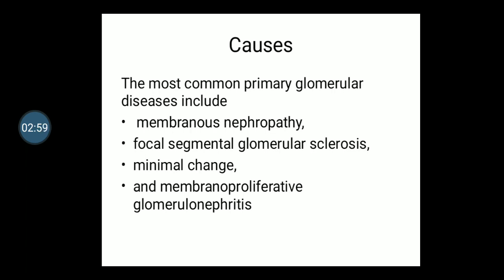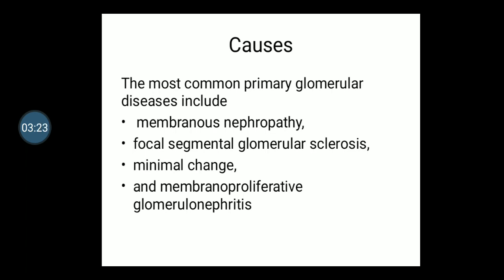And the focal segmental glomerular sclerosis, that is a segment of the glomeruli is getting affected. Minimal change nephropathy. So because of some changes in the nephrons and the glomeruli, there is a minimal change which leads to a condition of nephrotic syndrome.